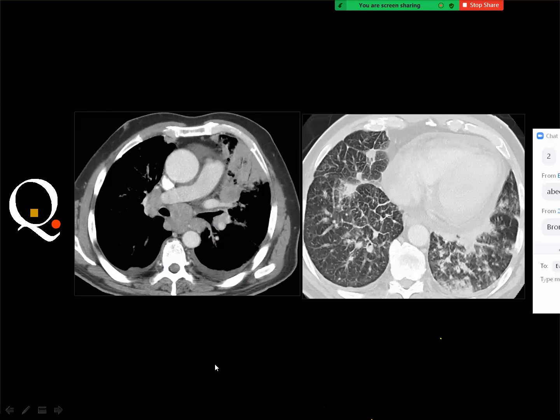Then this case is provided to show some of the lesions in the mediastinum, in the lung, and in the interstitium.